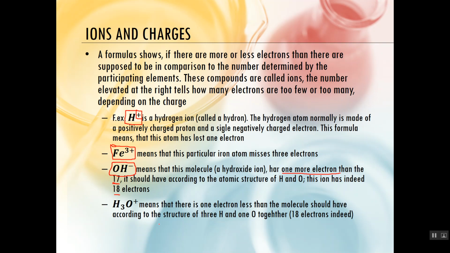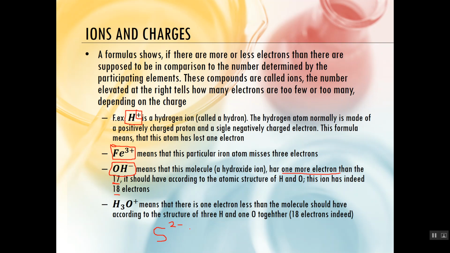I take just another example with negative. S2 minus means sulfide ion. That means this particular atom is in a condition where it has 34 electrons.